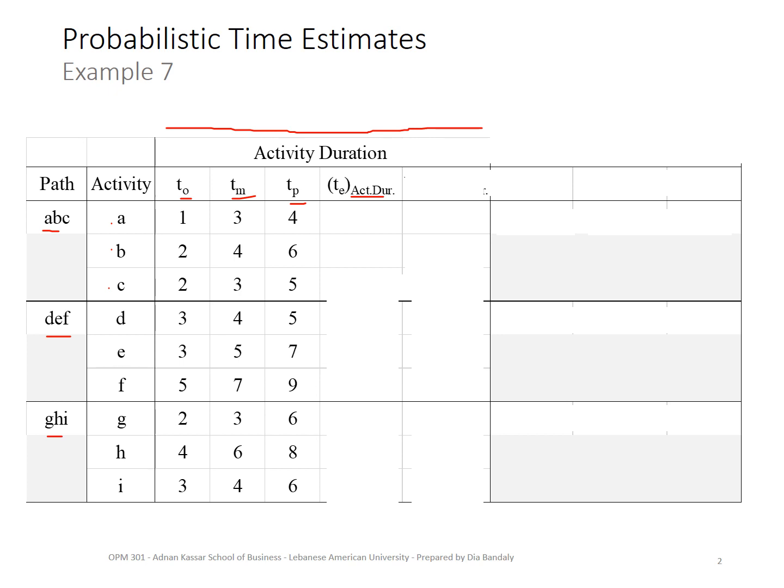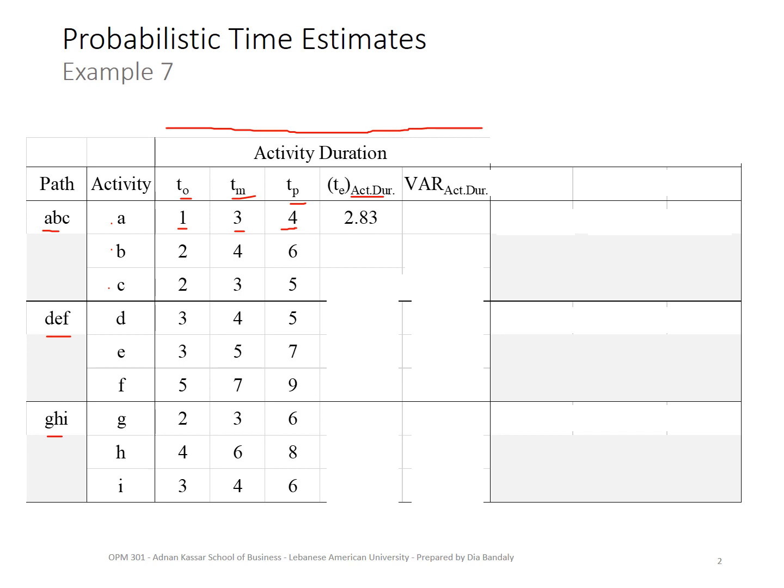So remember, what was it? TE is equal to TO plus 4TM plus TP, divided by 6. So that's 4 times 3, 12, plus 1, 13, plus TP, so plus 4, that's 17 divided by 6. The second one is the variance, but now let's go back here. It will be 2.83. All right.